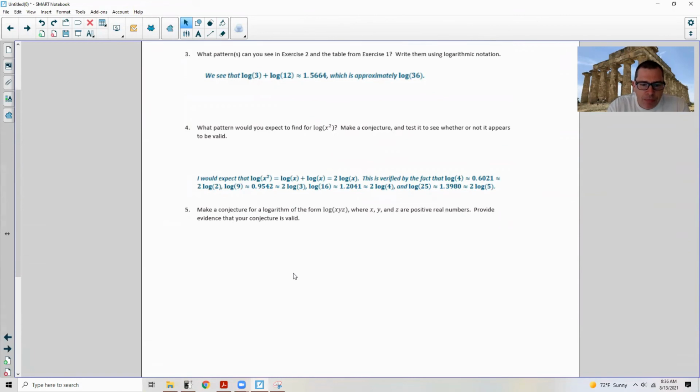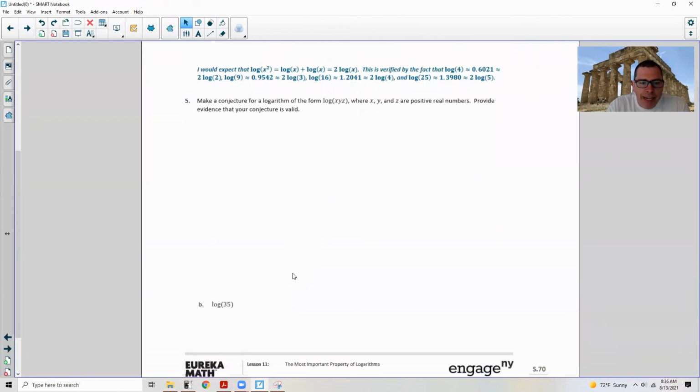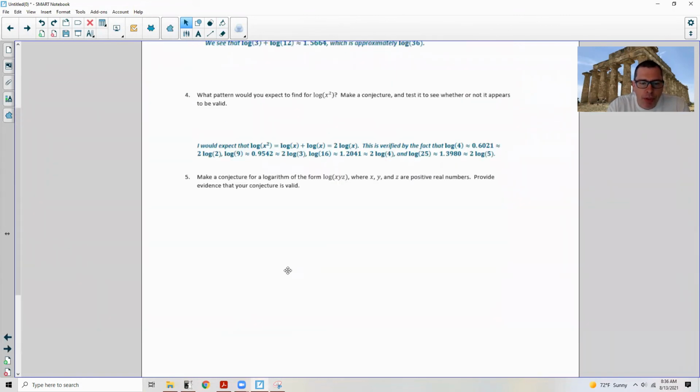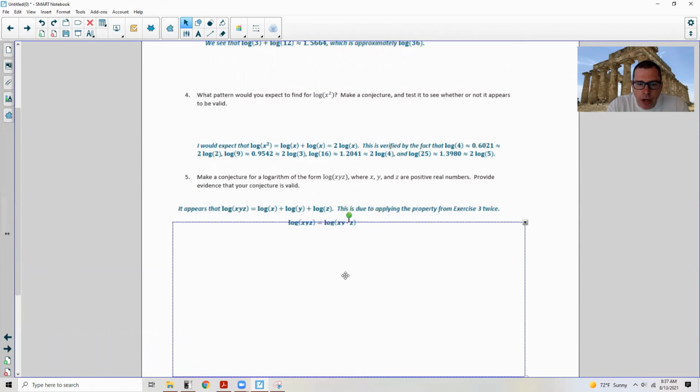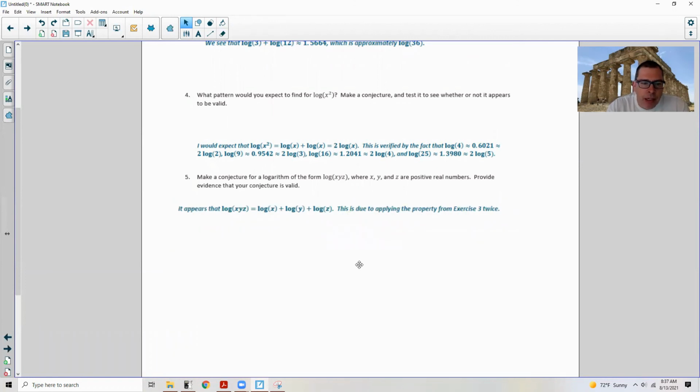Number 5 says to make a conjecture for a logarithm of the form log of xyz, where x, y, and z are positive real numbers. Provide evidence that your conjecture is valid. So I'd say it appears that log of xyz would equal log of x plus log of y plus log of z. And this is due to applying the property from exercise 3 twice.